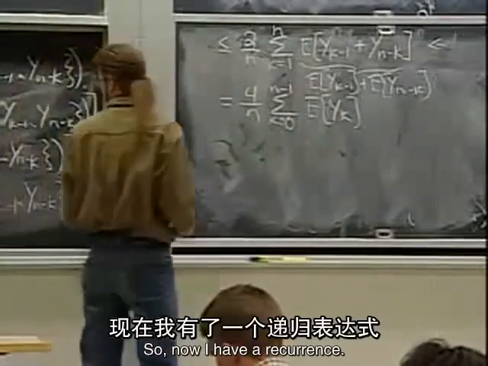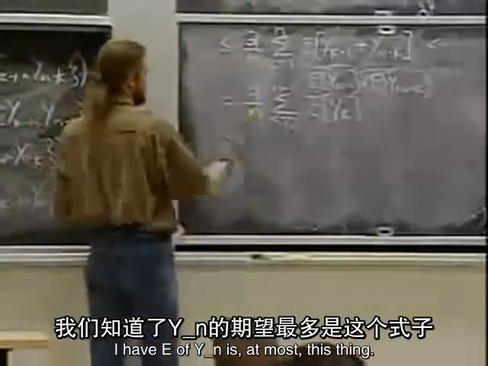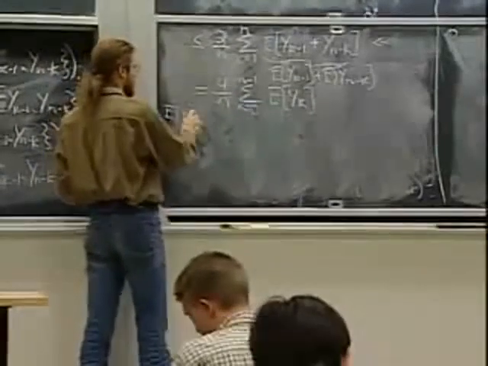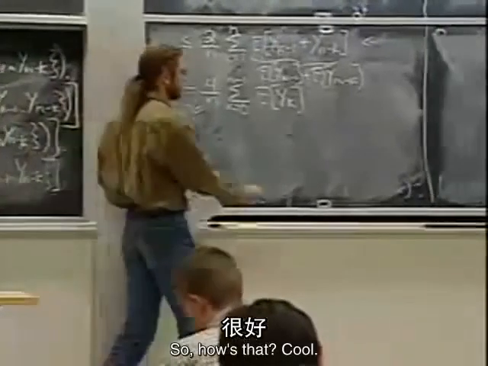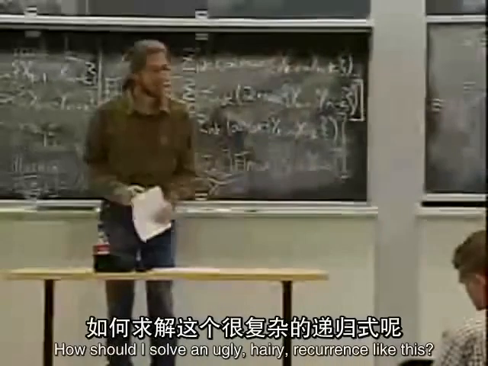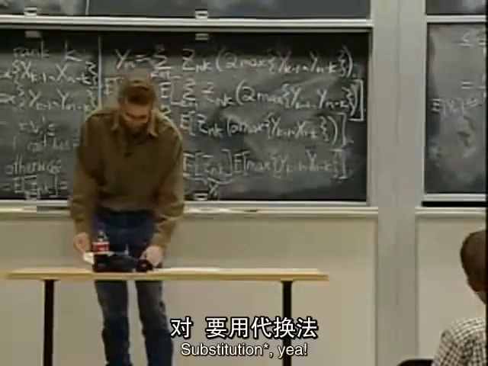So now I have a recurrence. I have E of Yn is at most this thing. Just write that for memory. It's at most that. Cool. Now I just have to solve the recurrence. How should I solve an ugly, hairy recurrence like this? Substitution, yay!